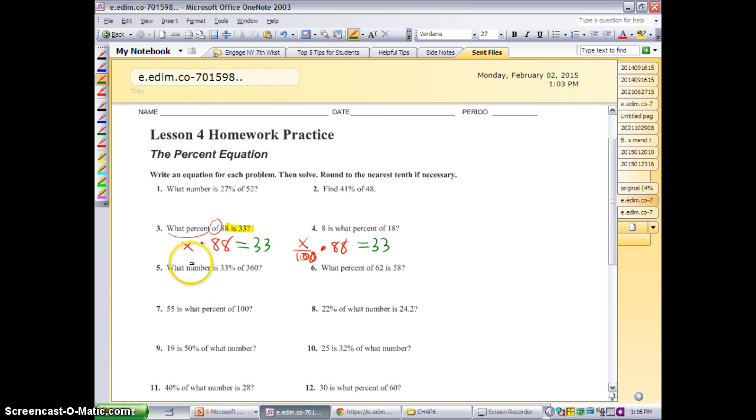So then to find x, I'm going to move that 88 over and divide it with 33. Now, if I don't have a calculator, I'm going to take 33 and divide it by 88 in my box. I am going to get 0.375.